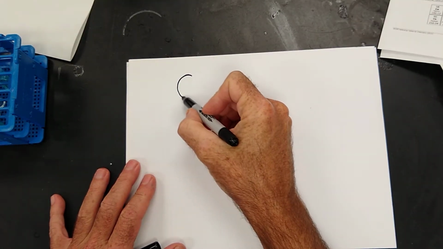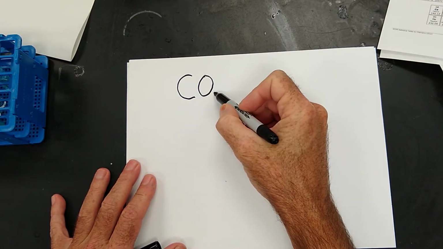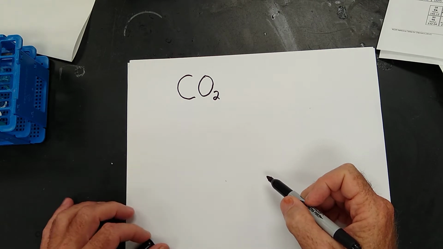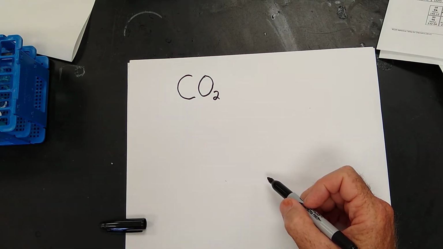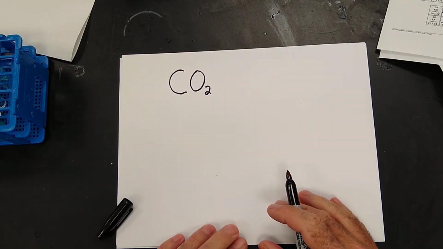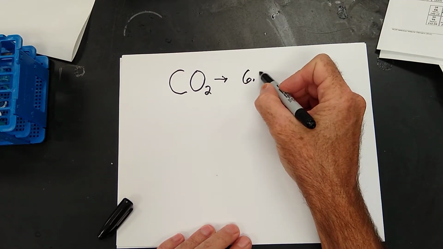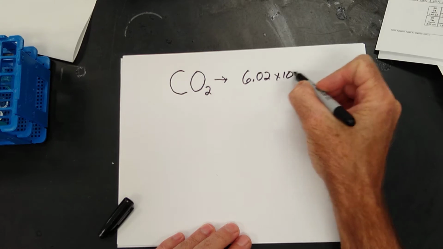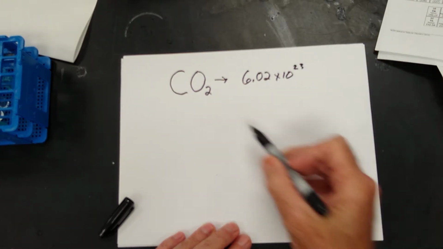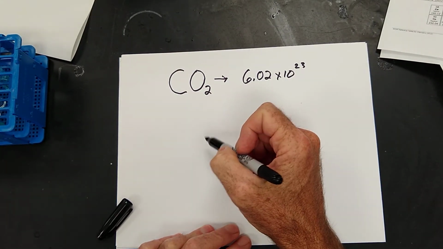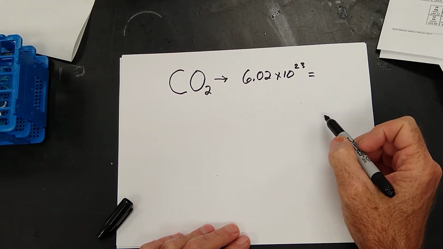What if we had carbon dioxide? Let's say we froze, just for the fun of it, we froze some carbon dioxide and we had some dry ice, okay? Now, if we had 6.02 times 10 to the 23rd carbon dioxide molecules, we know how much they would weigh.